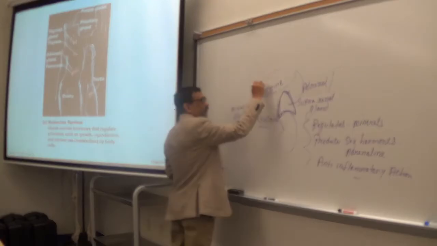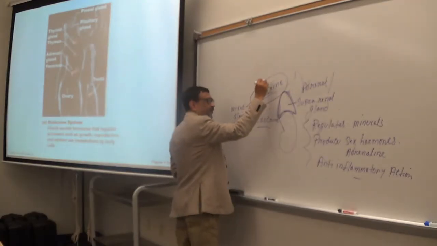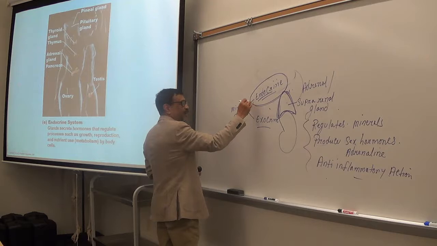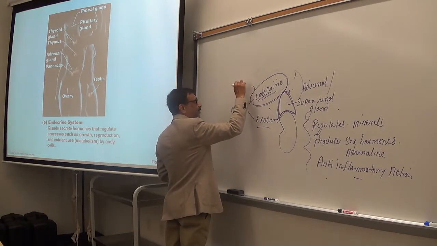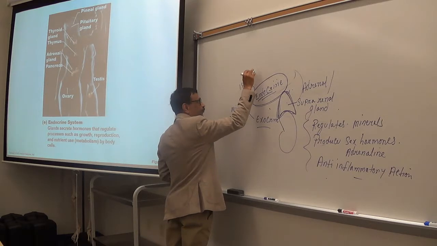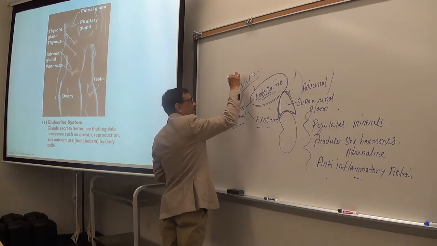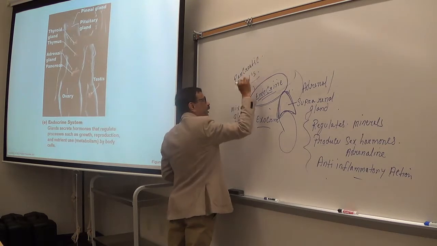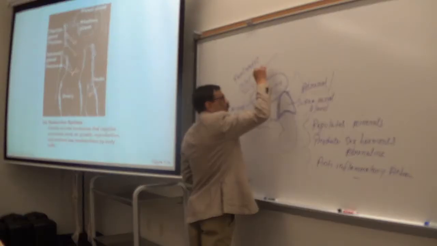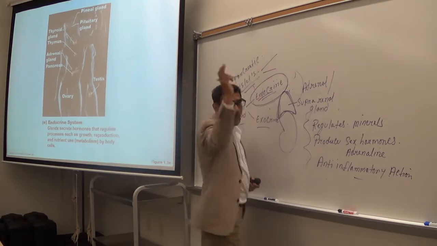Now, since we are talking about the endocrine glands or endocrine system, the endocrine part of the pancreas is called pancreatic islets. And it produces 2 very important hormones.